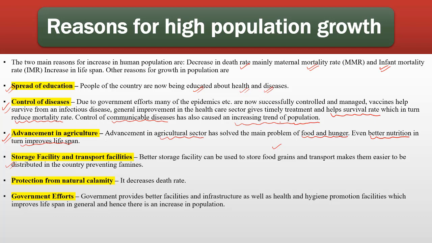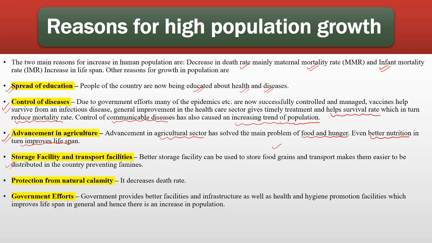That is why areas which previously did not have a path to get that food, or any kind of granaries, and were dependent on nearby major cities, now have it. Because transportation now becomes very easy, the food grains and essential commodities can reach any particular pinpoint site of the country. That is why transport and storage facilities are very important.